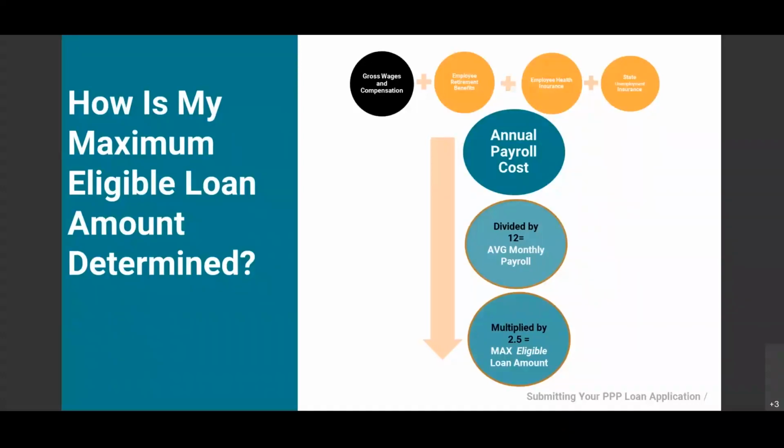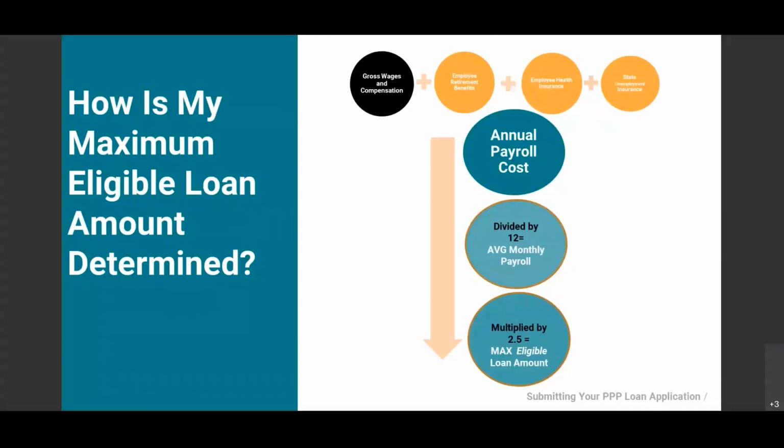If you made provision for health insurance for your employees, that cost is also added to the total. And then finally, if you are paying state employment insurance on behalf of your employees, that is also added to the total. And the 4 of those components will yield your annual payroll cost.